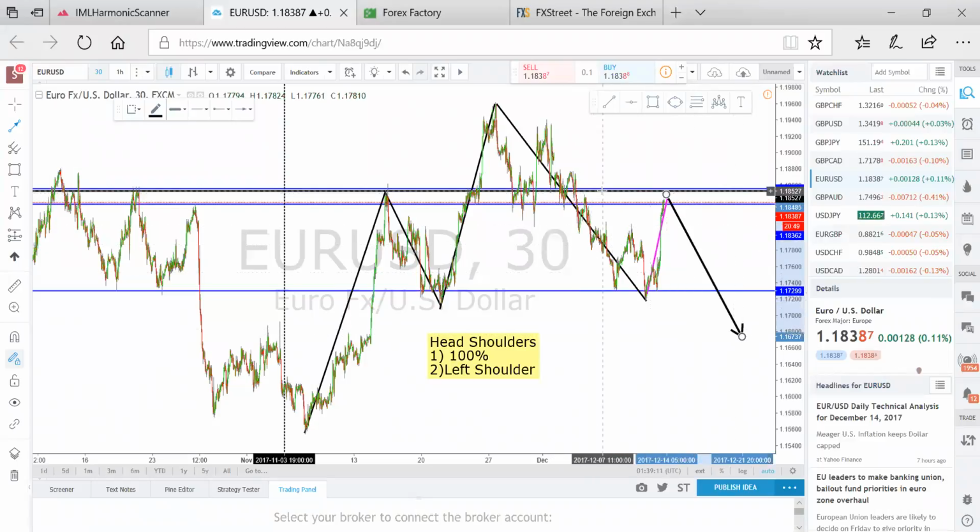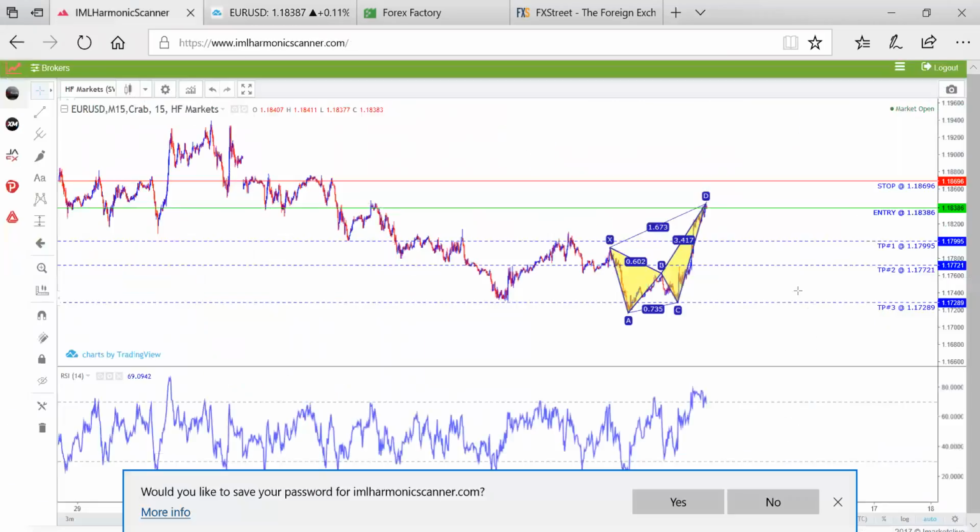So let's see, this black line, the price of that black line is 18527. If I go to the harmonic scanner, right now this scanner has an entry price of 18386.